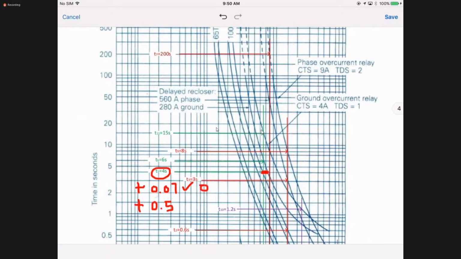So this is open, and then this is closed again. After it closes, it takes 4 seconds to blow the fuse. So when the fuse will blow is 4.57 seconds after the fault occurs.